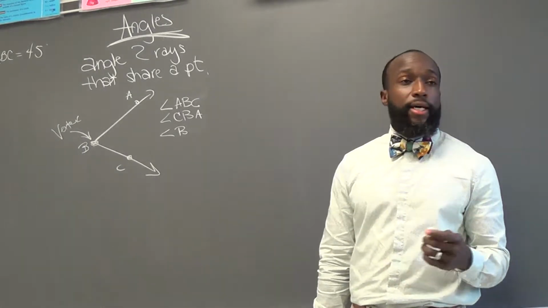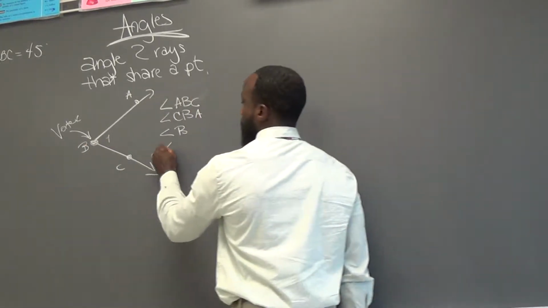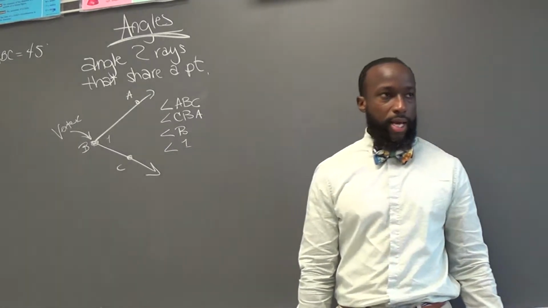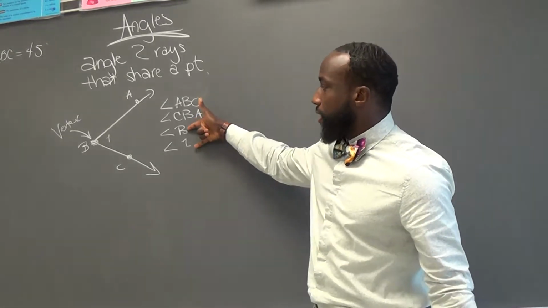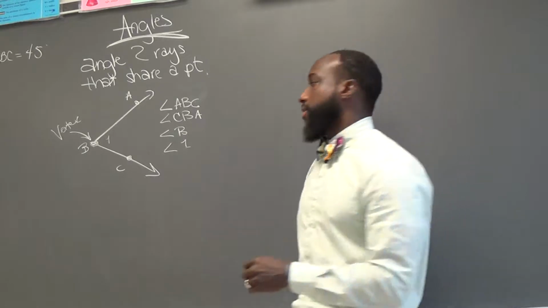Another way you can name it is, for instance, if they put a number here, you can also call it angle 1. Now there is a case where you cannot name it by this number or a letter, and that's when you have a third ray there.